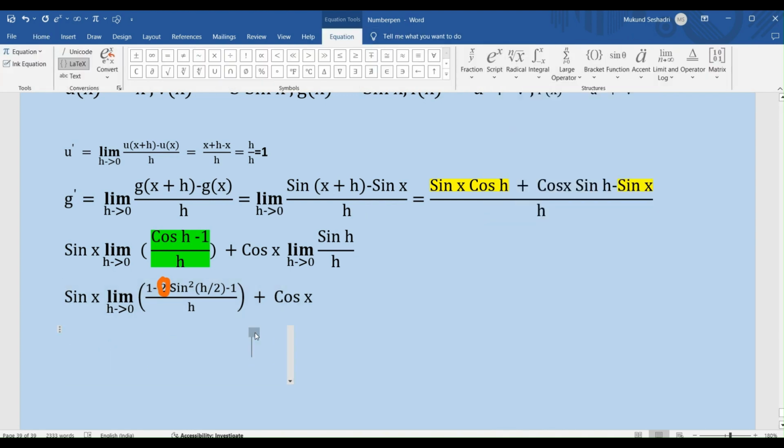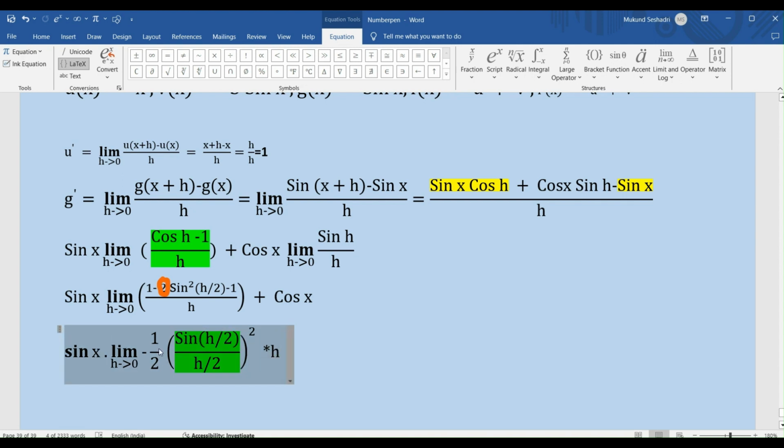So it still does not change the expression. And now I know that I have more or less solved the problem here because my sine h by 2 by h by 2, as h tends to 0, because my h by 2 will also tend to 0, so this entire expression becomes 1, right? And then I'm left with an h out here, h being infinitesimal. My limit for this entire expression will become 0, right? And I'm still left with my cos x, right?